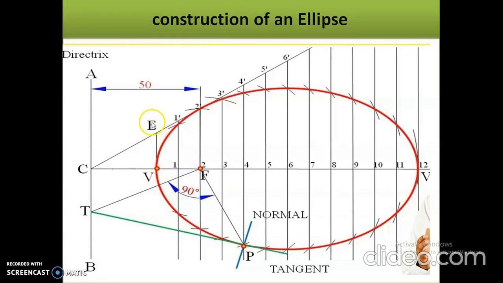This is not E, this is point B. VB should be equal to VF. What is the VF distance? 2 cm. So this one is also 2 cm.